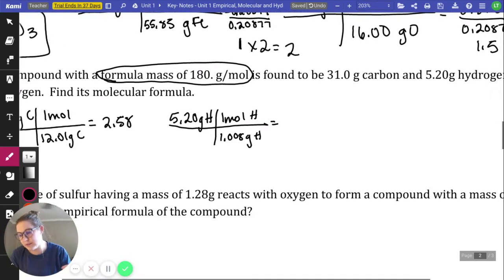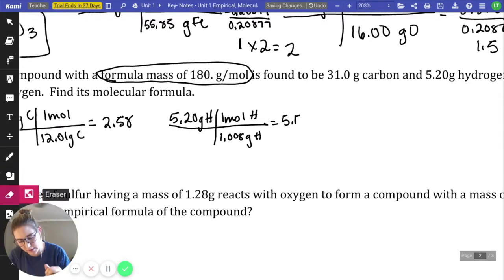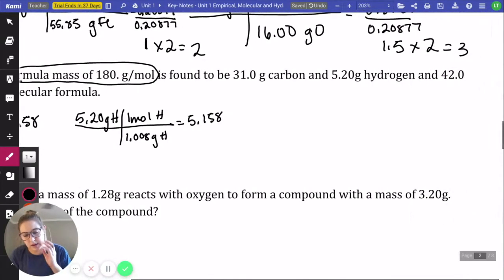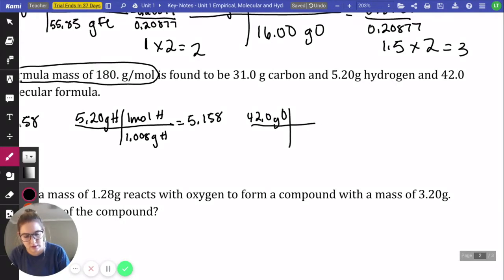So when I plug that in, I get 5.158. And then oxygen, I had 42 grams of oxygen. For 16 grams of oxygen, it's 1 mole of oxygen. So I got 2.62.